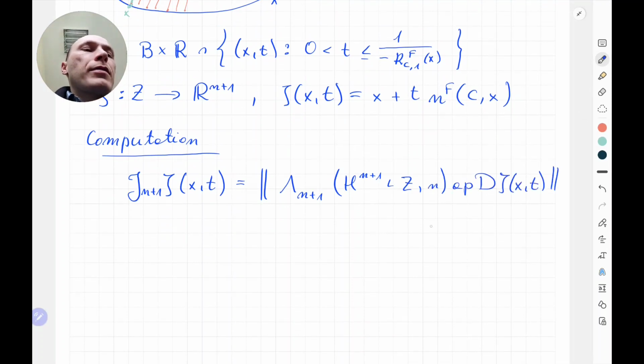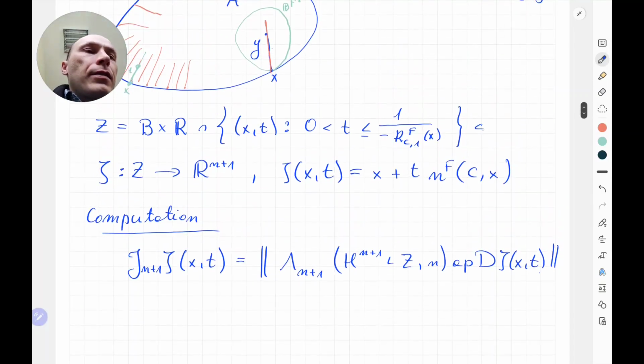You take the approximate derivative of zeta, approximate with respect to this measure, H^(n+1) restricted to Z. Z is of course a subset of R^(n+2) now, because B is a subset of R^(n+1).